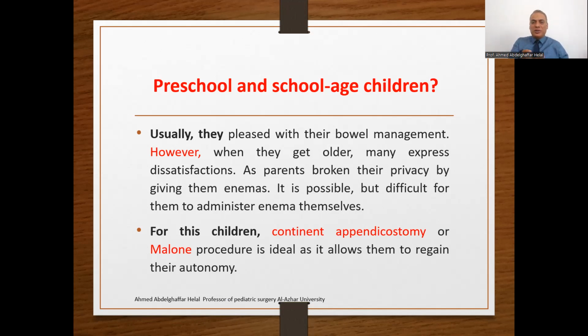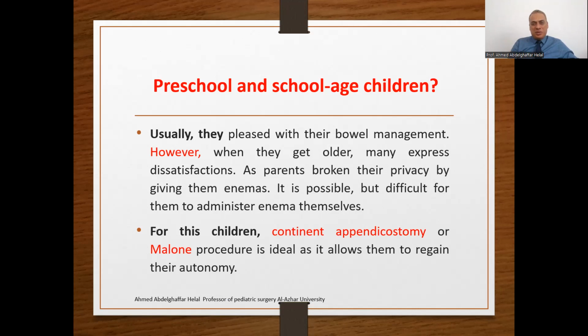However, for these children, the Malone appendicostomy or Malone procedure is ideal to allow them to regain their autonomy. So the Malone procedure is better than giving them a rectal enema, because as the child gets older, he feels that the parent may break their privacy by giving them an enema.